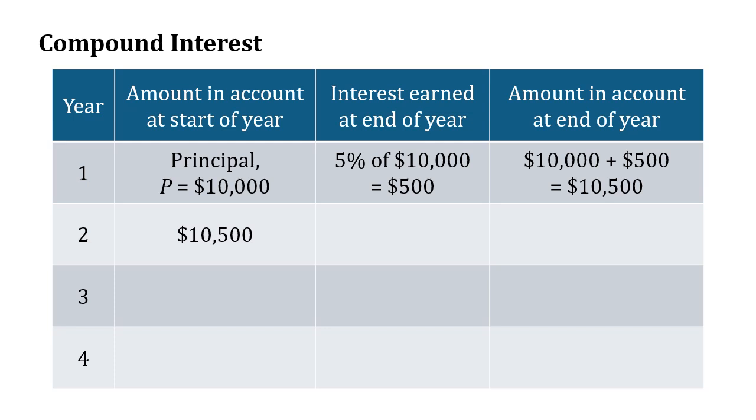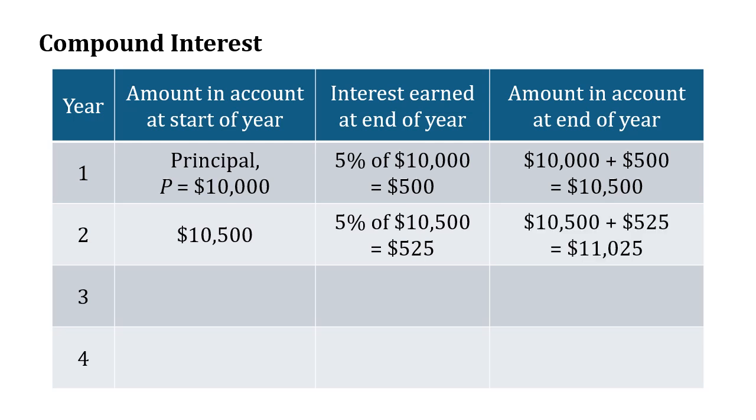The difference now is because this is compound interest, the interest earned in the second year is based on what we have at the start of the second year, which is $10,500. All right. So now you have interest earned on the principal as well as the interest.